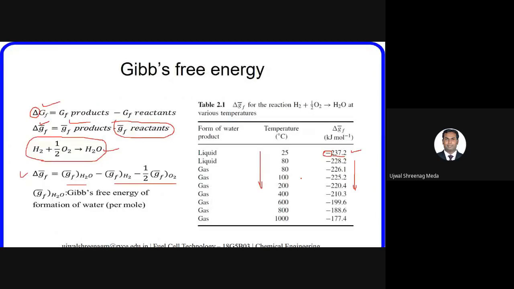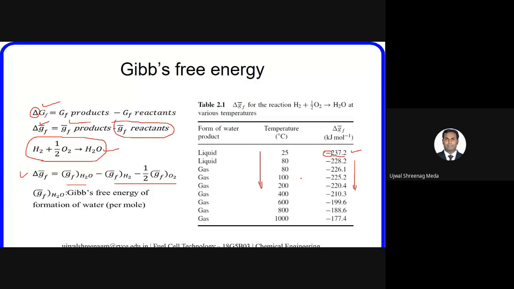Okay, so now let me just repeat. We are trying to find out how much energy can be effectively converted into electricity in a fuel cell. Going to the definition, a fuel cell is an energy conversion device which converts chemical energy of fuel and oxidant directly into electricity.